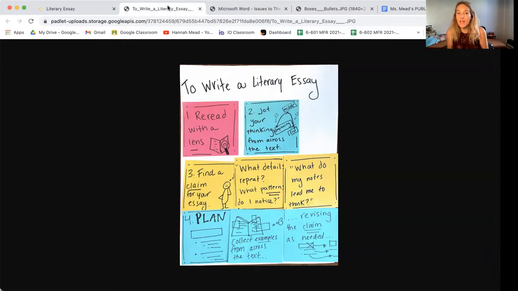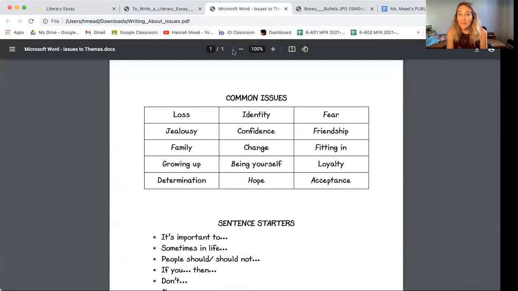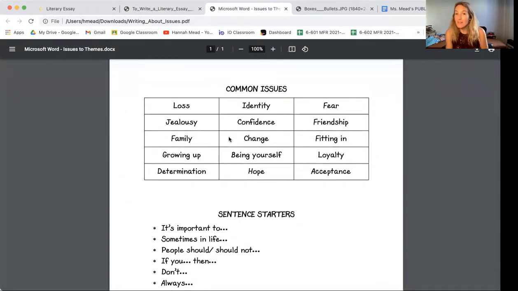Then you'll start to find a claim for your essay by asking questions like, what details are repeating? What patterns do I notice when I take on this lens? What do my notes, my past jots lead me to think? Once you've thought about this a bit, plan. You might get yourself going by using some of our common issues that we've discussed in ELA this year.